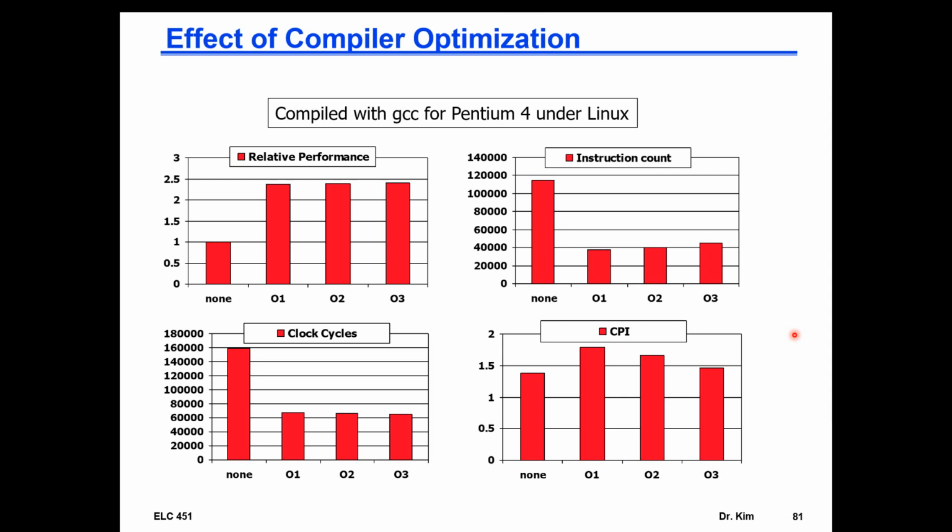So compilers could have different levels of optimization, from 0 to, in this case, 3 levels of optimization. Why 3? Well, it gets more sophisticated as you go up in levels.